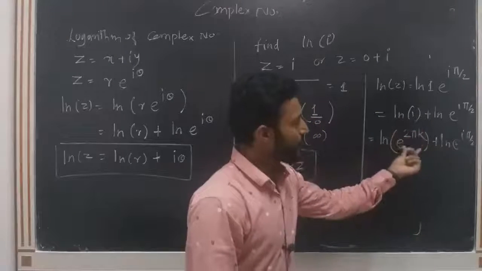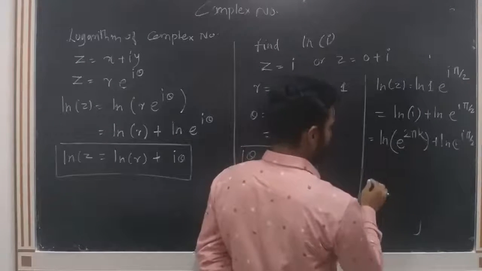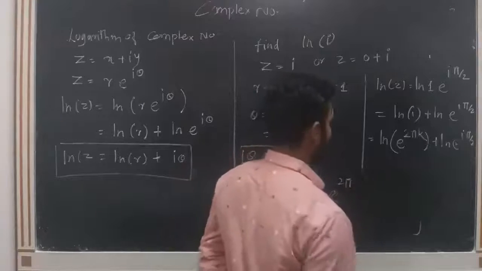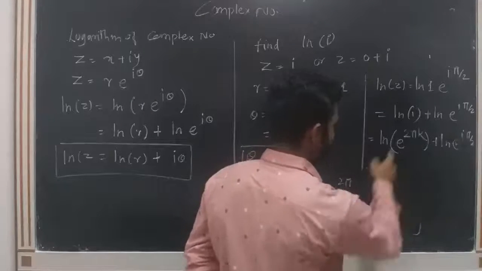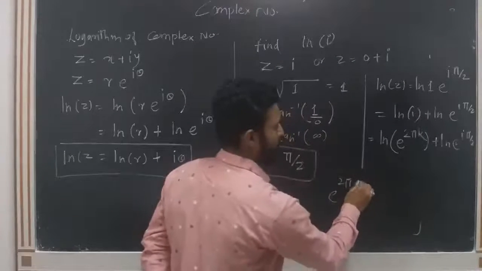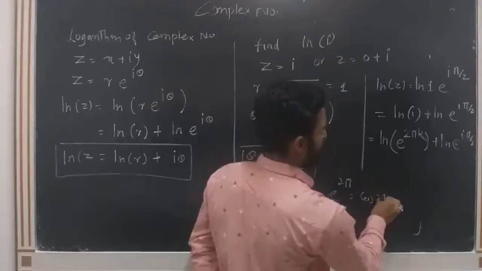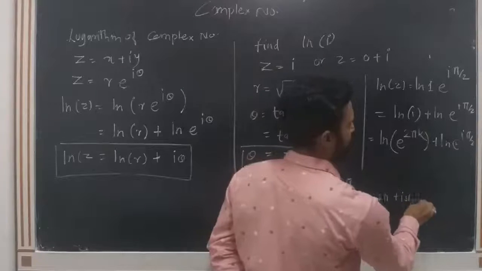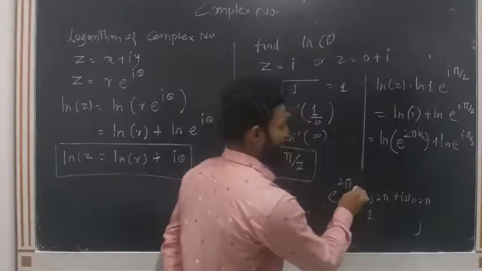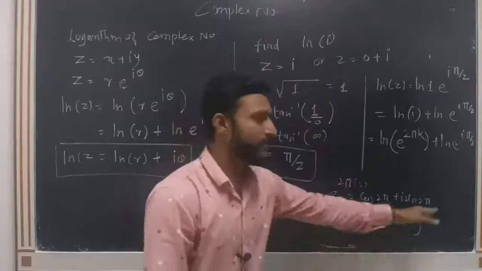Because how can we write e raised to 2 pi k as 1? See here, e raised to 2 pi, if you put k is equal to 0, e raised to 0 is 1, right? If you put k is 1, e raised to 2 pi, we can write cos 2 pi plus I sin 2 pi, which is equal to 1. If you put k is equal to 2 here, e raised to 4 pi, cos 4 pi is 1, sin 4 pi is 0.